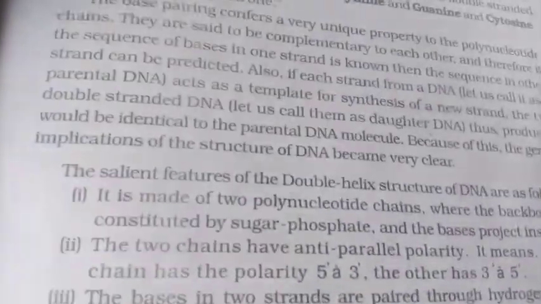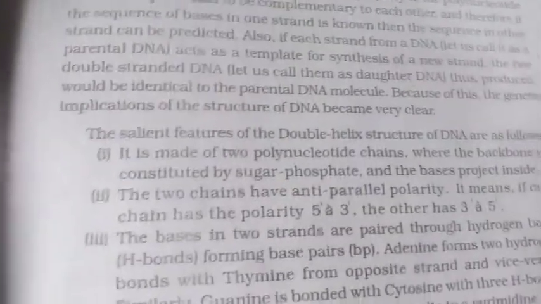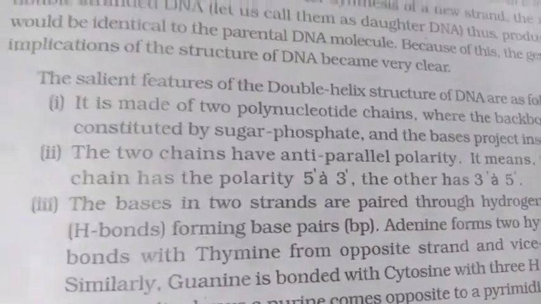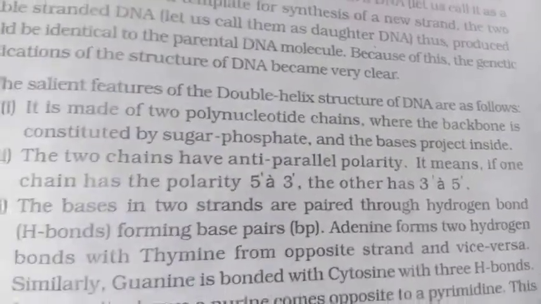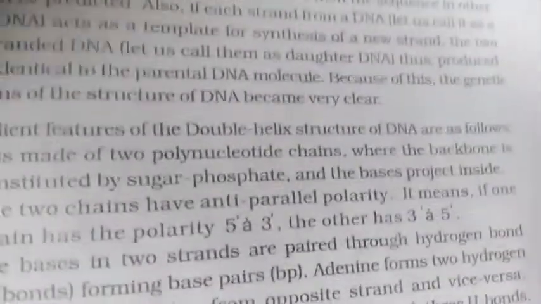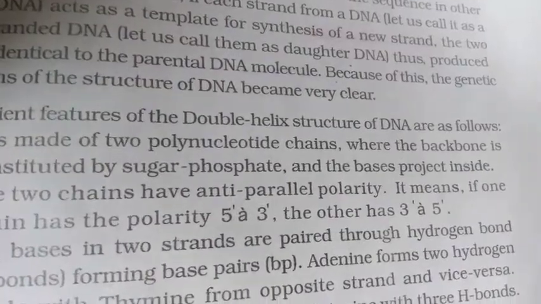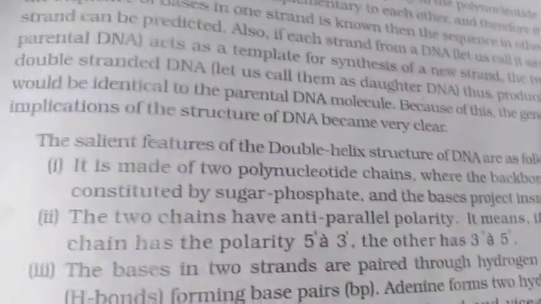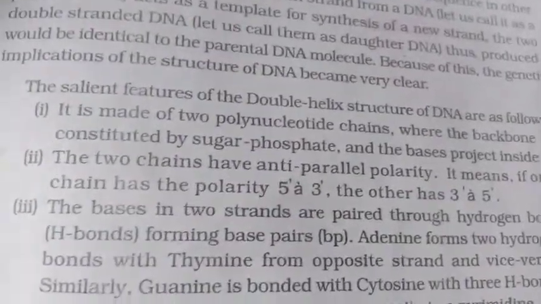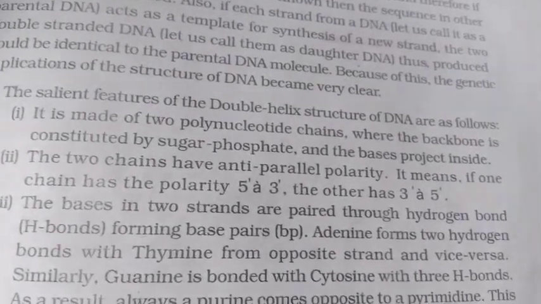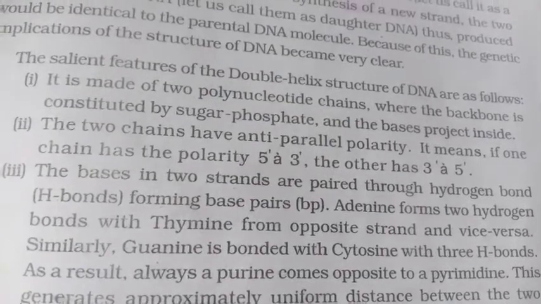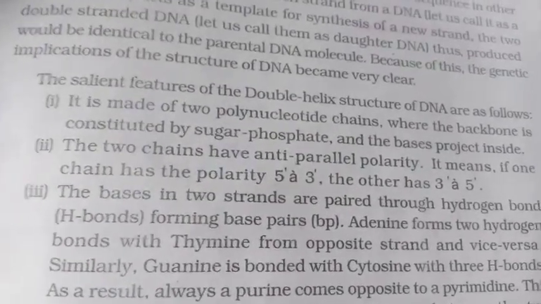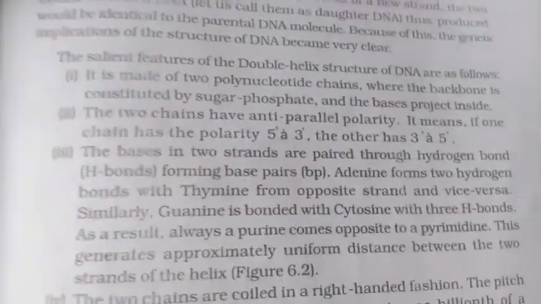The salient features of the double helix structure of the DNA are: it is made up of two polynucleotide chains, where the backbone is constituted by sugar phosphate, and the nitrogenous bases project inside.